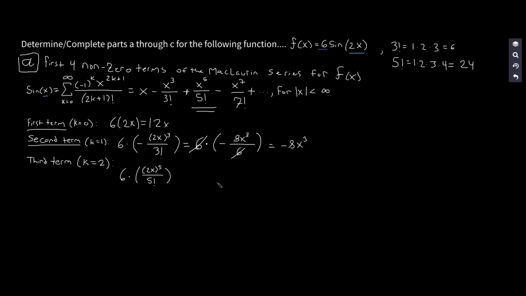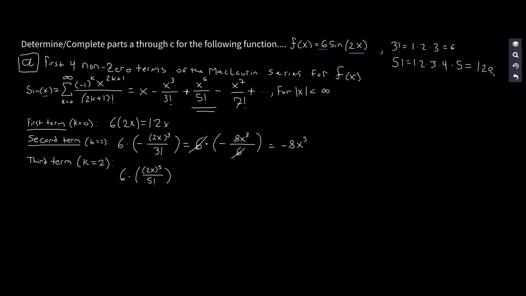Wait a second, something's not right. 5 factorial is 1 times 2 times 3 times 4 times 5. So we have 24 times 5, which is going to be 120, right?